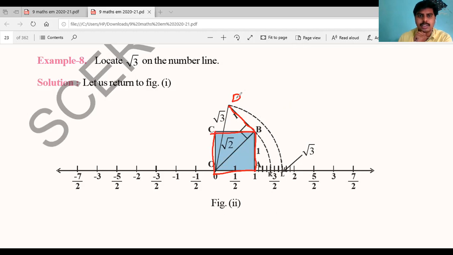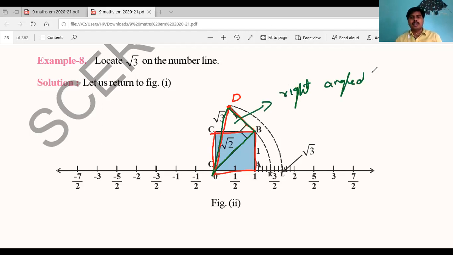This is BD, consider BD, and join this D and O. Now, if you observe here, DOB is a right angle triangle, where the right angle is at B, Nana. Right angle is at B.